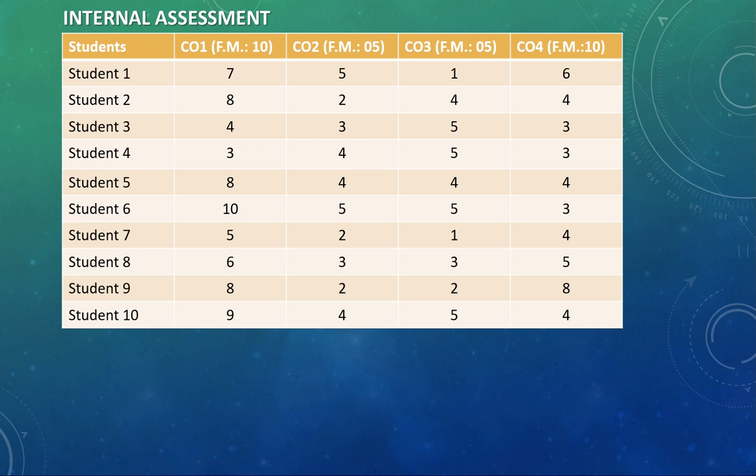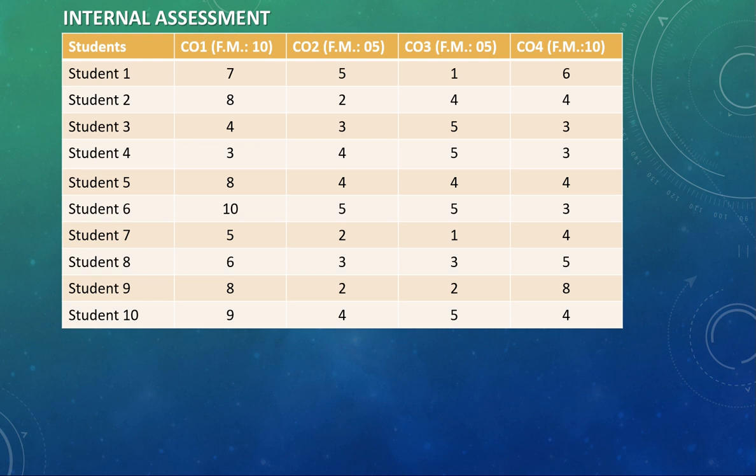Now we shall go for the attainment part. As we can remember, we have already fixed the attainment levels: level 1 is if 50% of students get equal or more than 50% marks. Level 2 was if 60% of students get equal or more than 50% marks. Level 3 was if 70% of our students get equal or more than 50% marks.